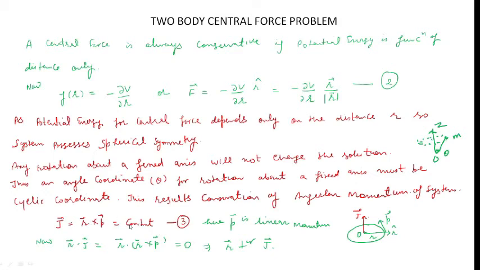Now if we take the dot product of J with the vector r, then we can write it as r dot (r cross p), and it becomes a scalar triple product, and as two vectors are equal, its value will be equal to 0. So here we can say that vector r is perpendicular to vector J, which is constant.